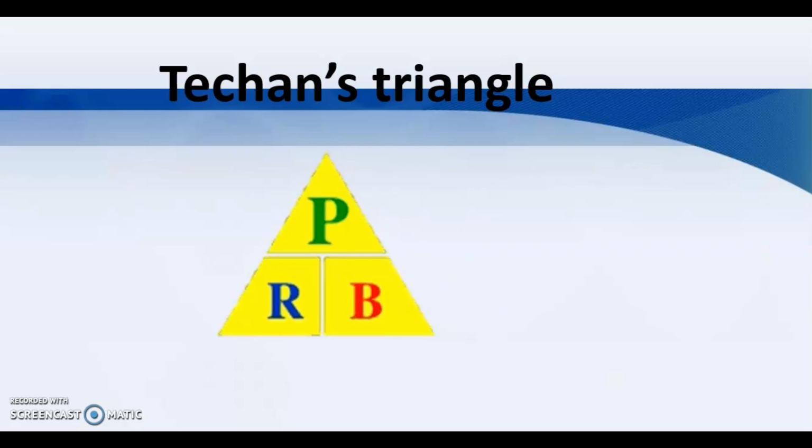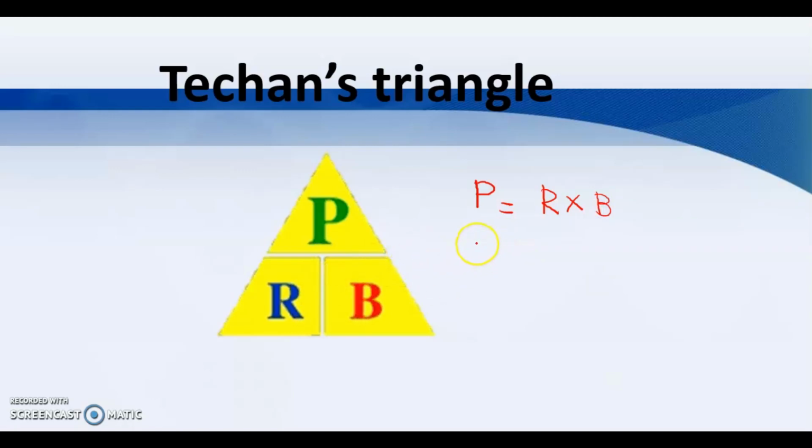For example, halimbawa, we're looking for P. Ang nawawala sa problem ay percentage. So, kung nawawala ang P, itong dalawang matitira, isulat mo lang R times base. Magkatapat sila eh.